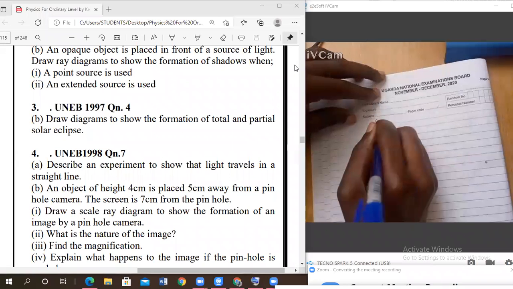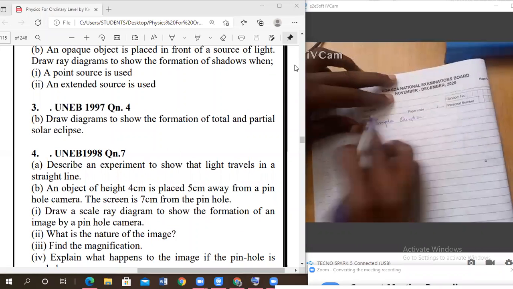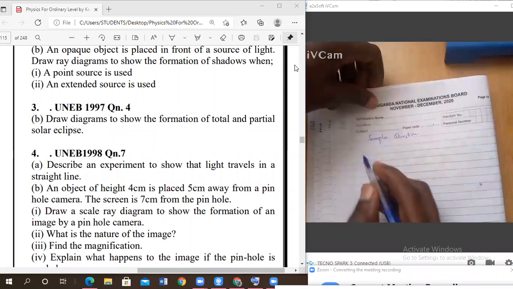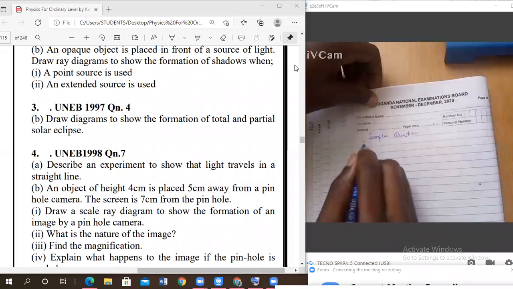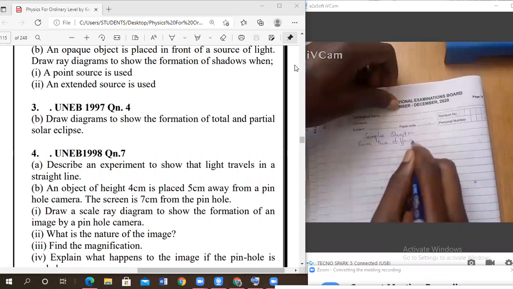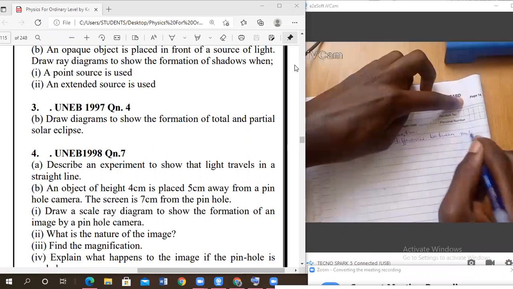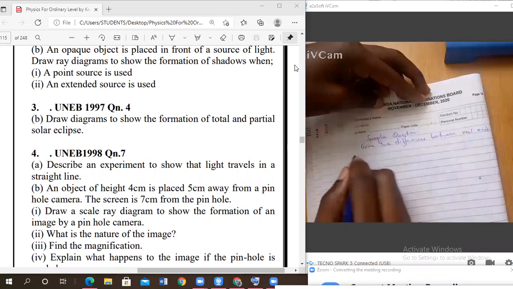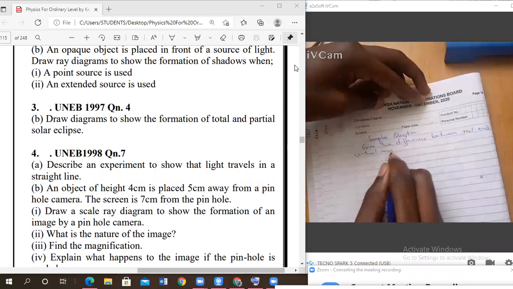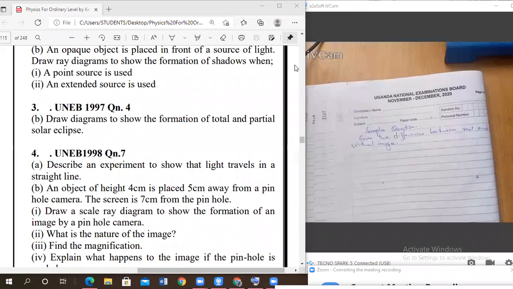Sample question: give the differences between real and virtual image.